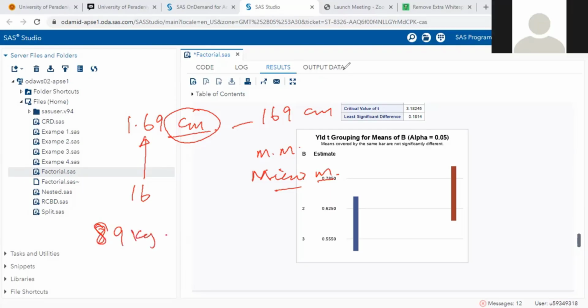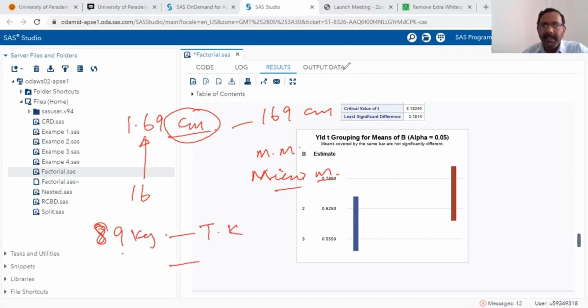Maybe, let's say this is Thanushkumar. Maybe another person, person B, also has 89 kilogram. Actually, these two values are not really equal. Why?